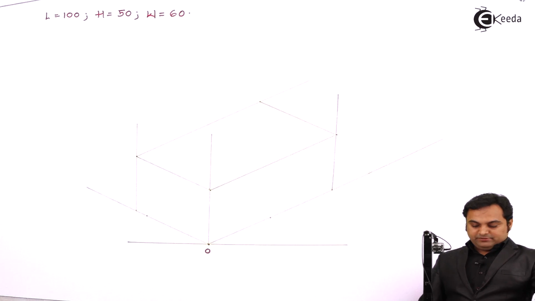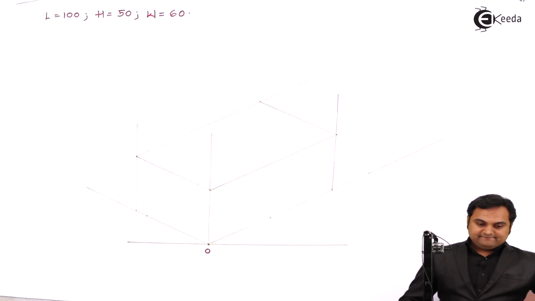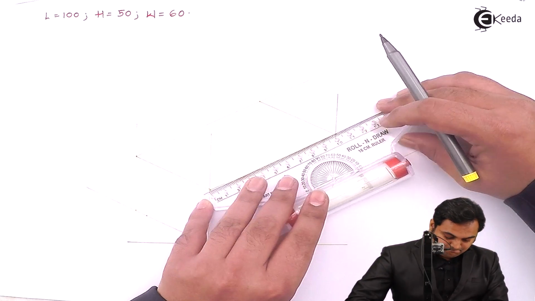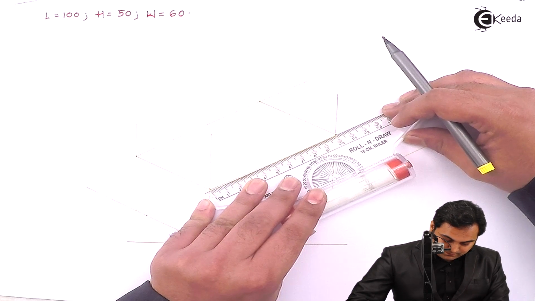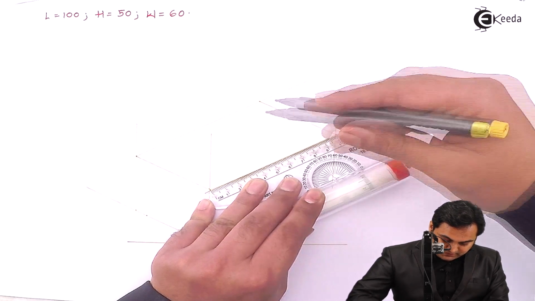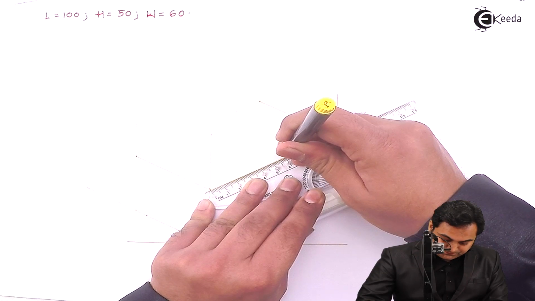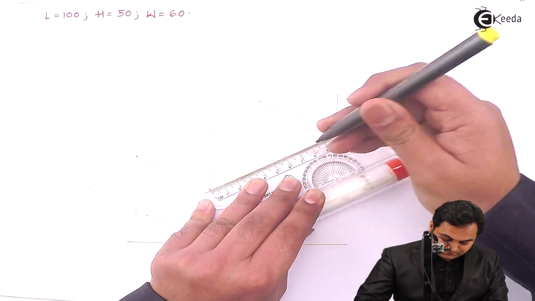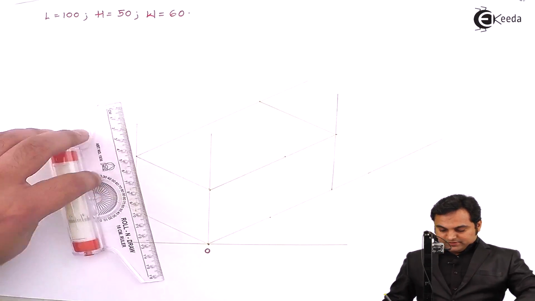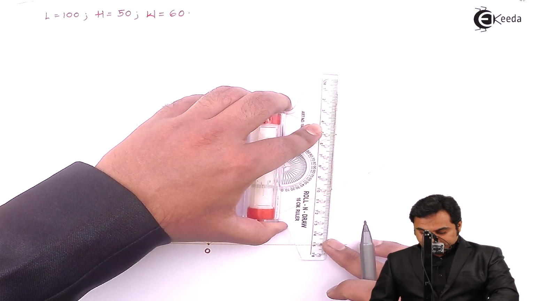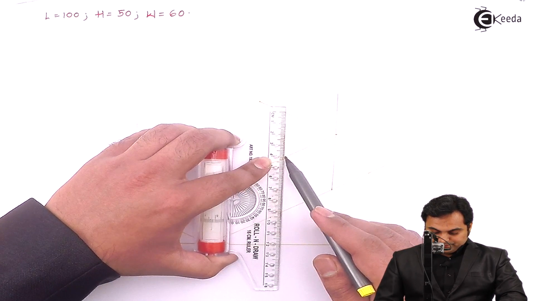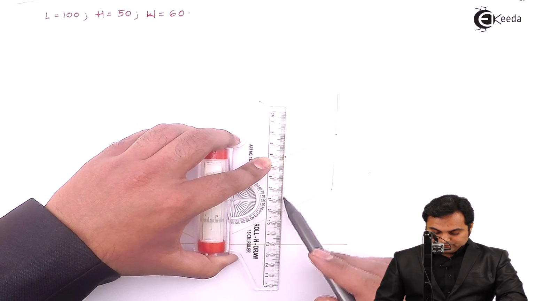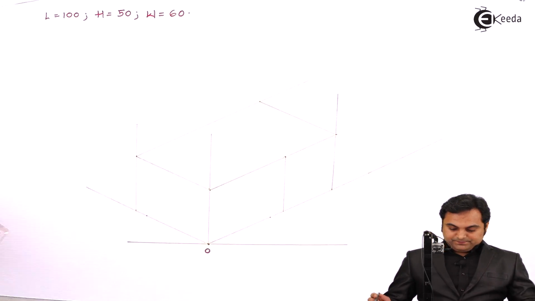So for that I am dividing the length as 60 and 40, and then projecting vertical line through them. A light line.